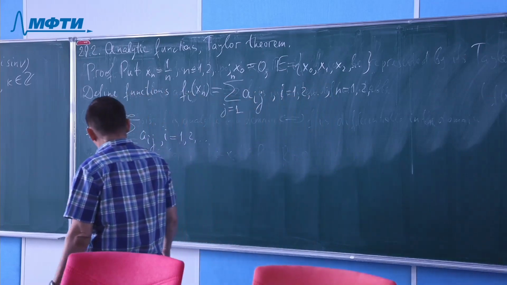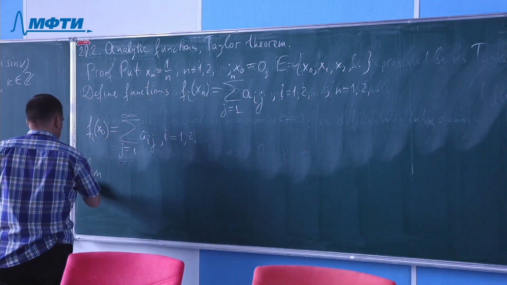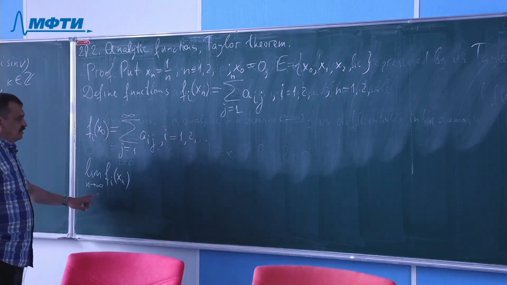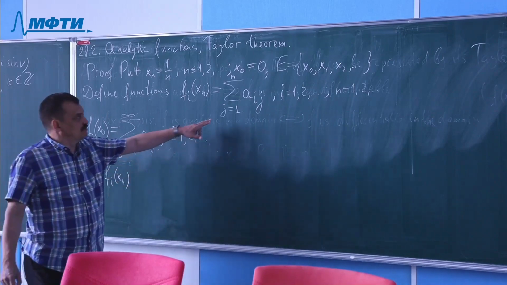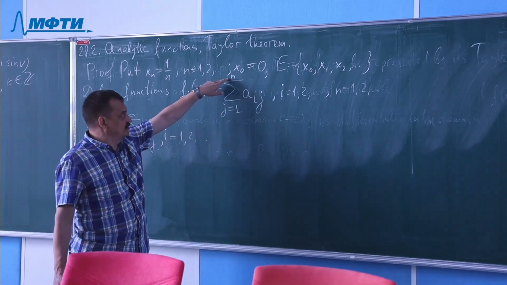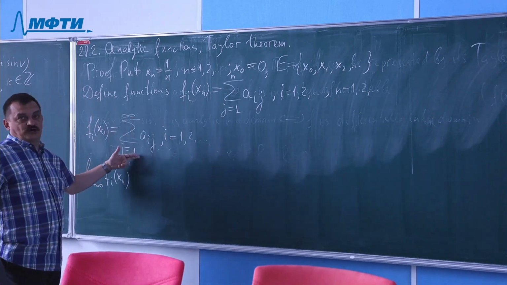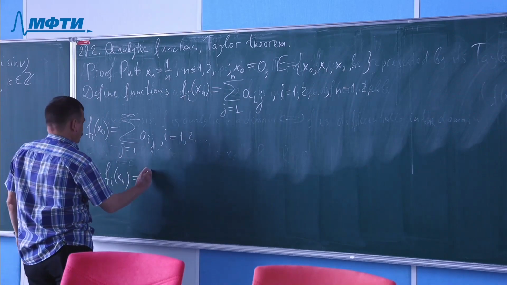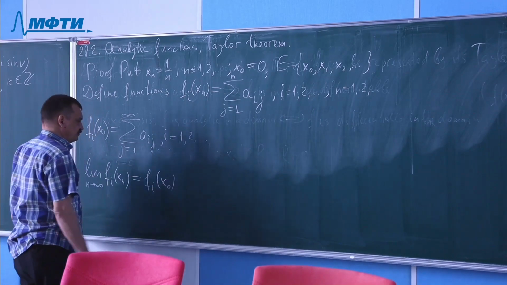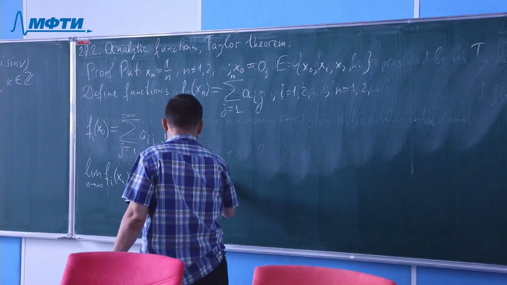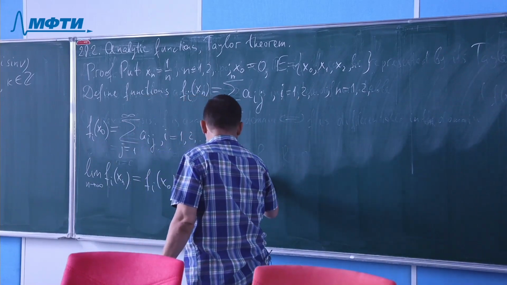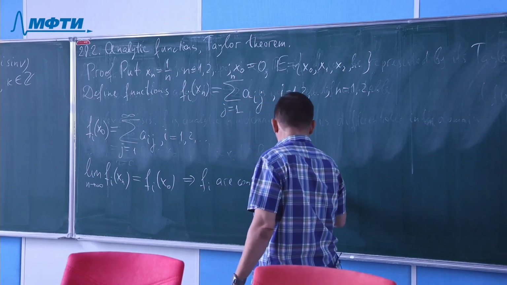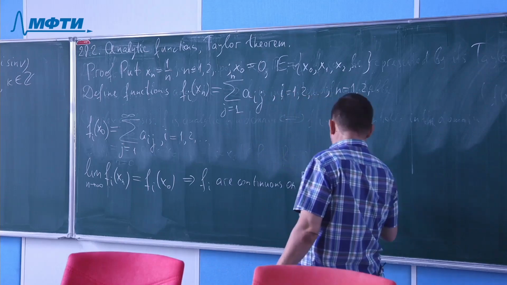Moreover, what about the limit as n tends to infinity of f_i of x_n? i is fixed. So if n tends to infinity, we know the series is convergent. These are partial sums, so they tend to f_i of x_0. Hence, f_i are continuous on E for every value of i.